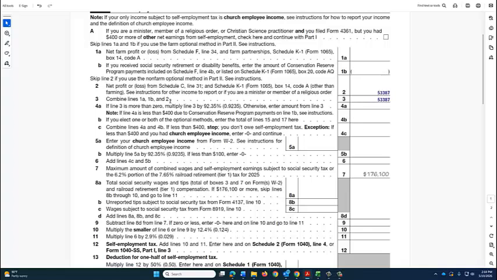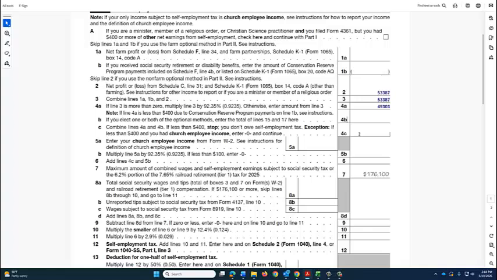On line 4A, if line 3 is more than 0, multiply times 92.35%. And that will give us the 49,303. That's the amount we're going to apply the self-employment to. Okay, we don't have anything on B for the optional methods.